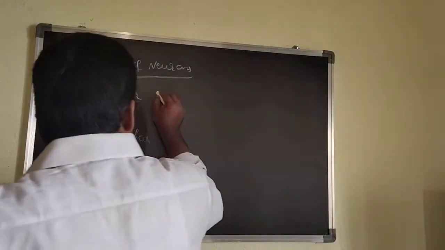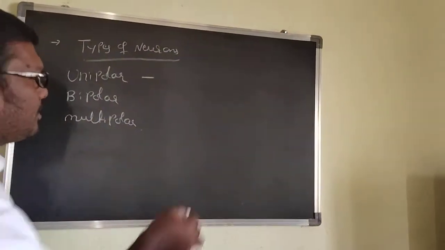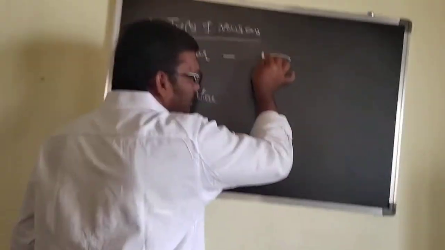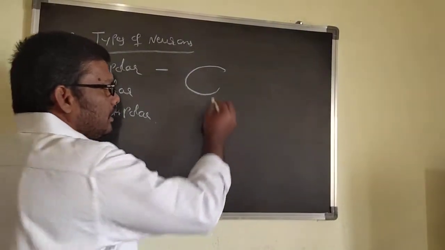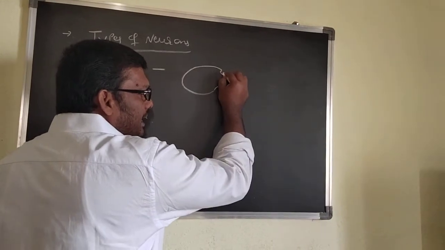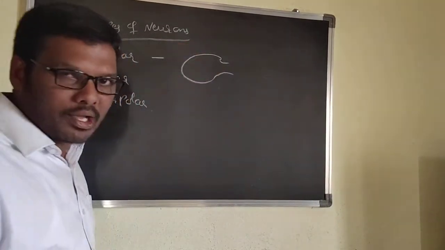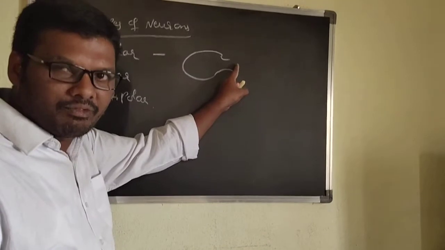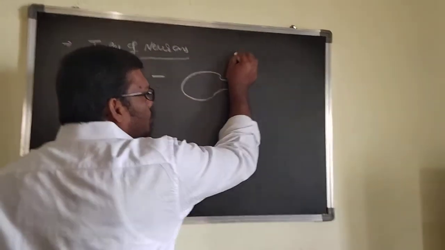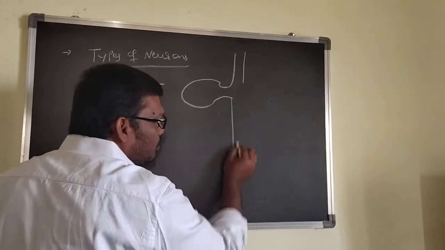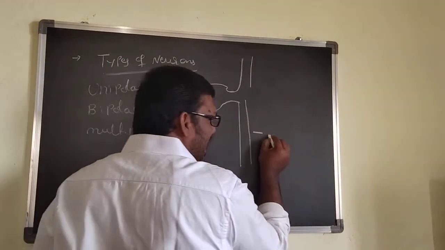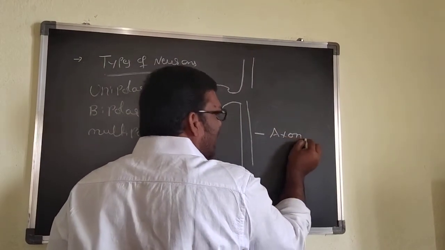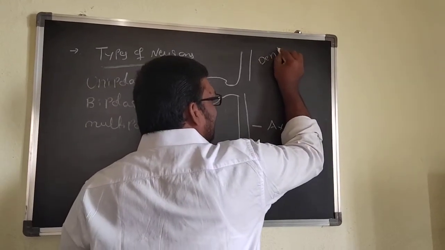See, unipolar neurons. Unipolar neurons means this one is the cell body. From the cell body, a single process arises. From that, two branches are formed. One acts as an axon, another acts as a dendrite.